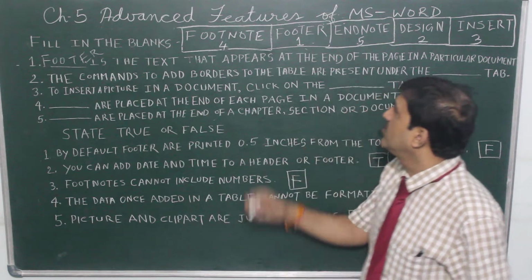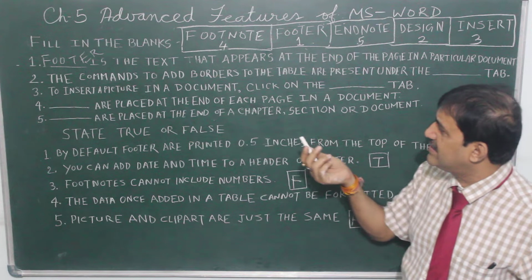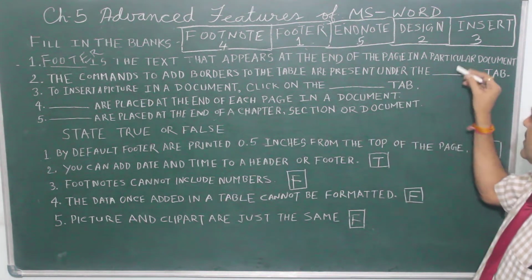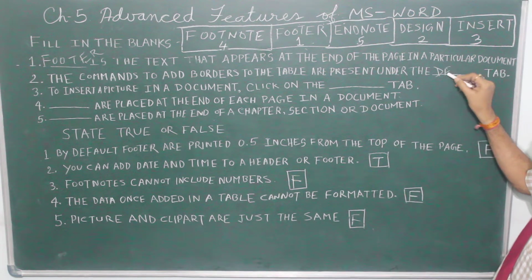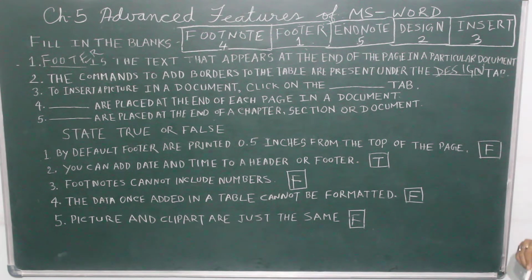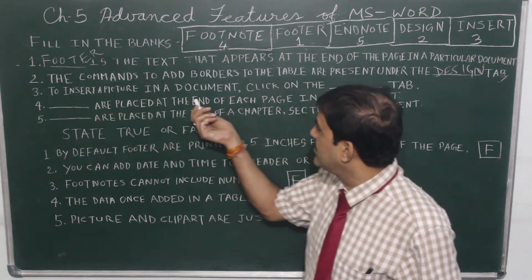Then comes the command to add a border to the text, and that will be present in the design tab. Yes, design, D-E-S-I-G-N. You have it in the design tab. And number 3 is to insert a picture in a document.